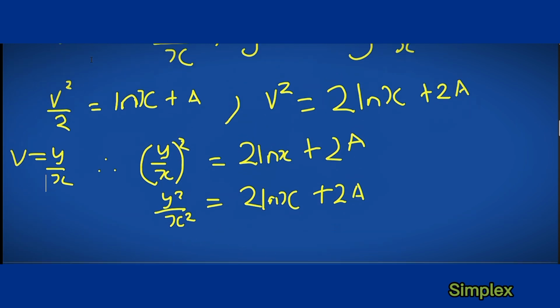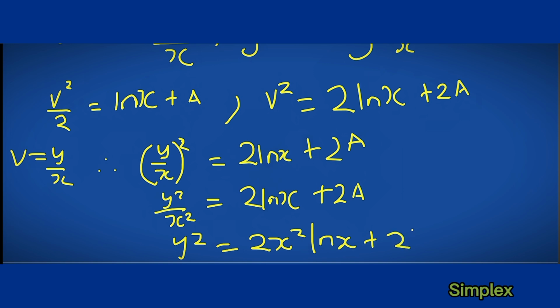So we have that y squared is equal to 2x squared ln x plus 2a x squared.